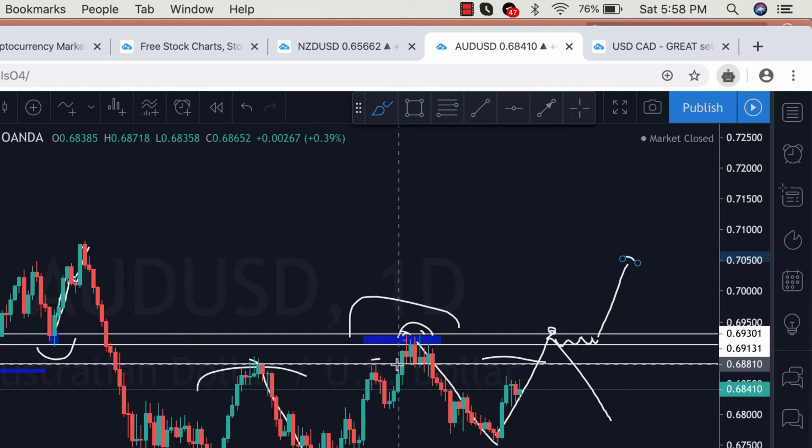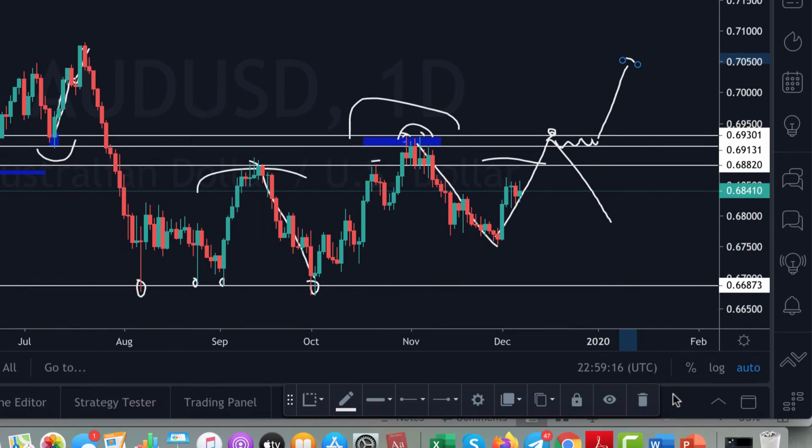If you master support resistances and you're able to draw key levels at key points and try to understand the dynamics of a support or resistance level, other things will fall into place pretty easily. You can advance yourself easily. But the key is to understand what the main purpose of a support resistance is, and not treating these levels as an entry point for a buy or a sell. Okay.